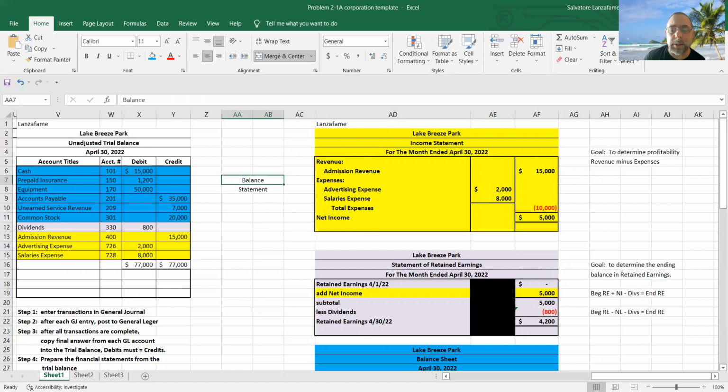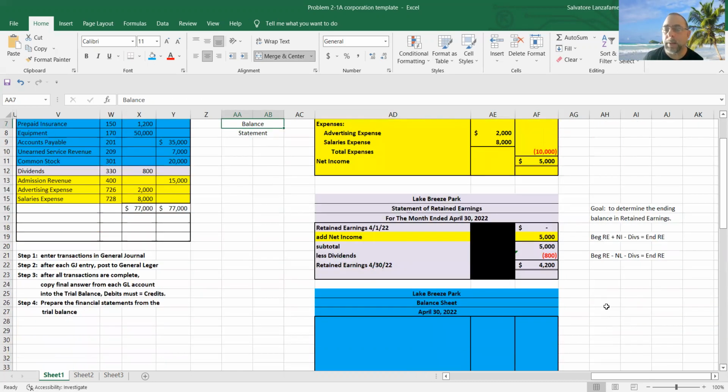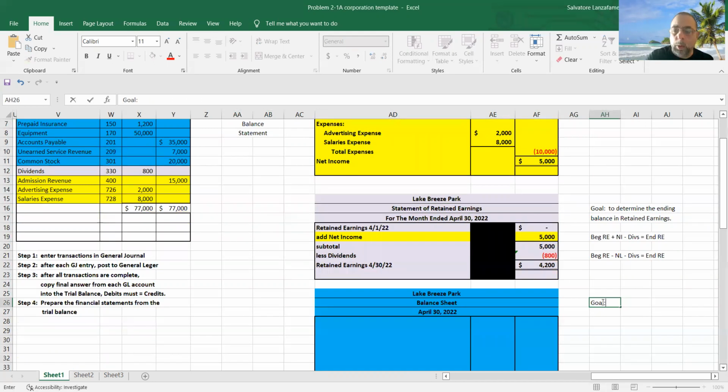Okay, so let's do the balance sheet. If someone asks you what the goal of the balance sheet is, the goal is to make sure your assets equal your liabilities plus your stockholders' equity at a specific date.